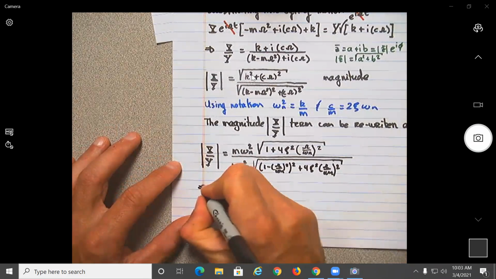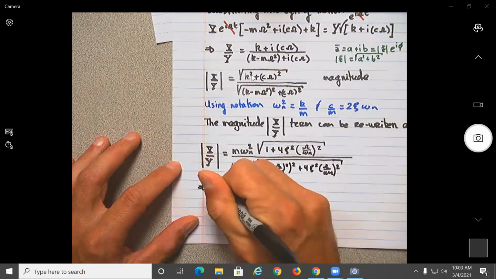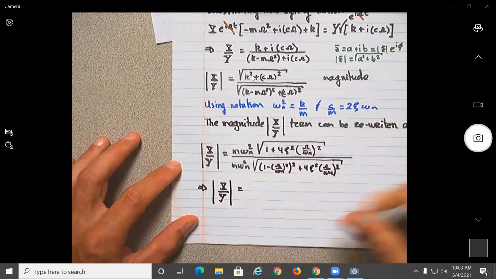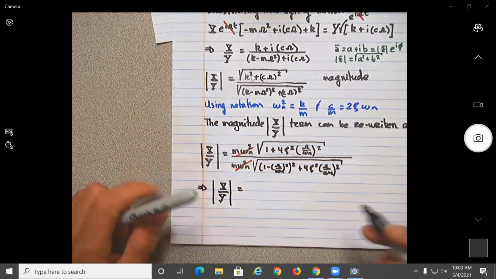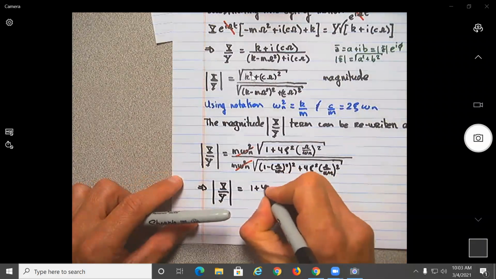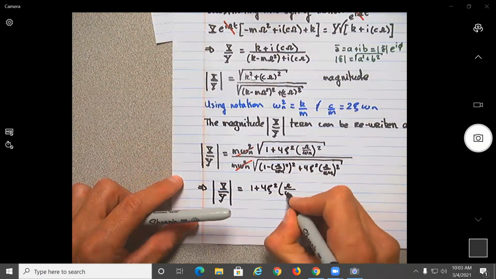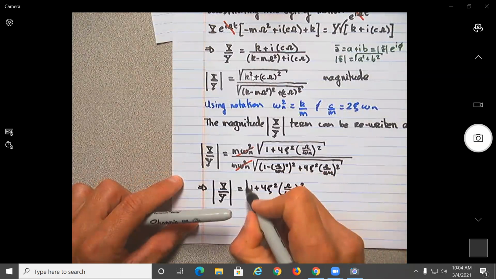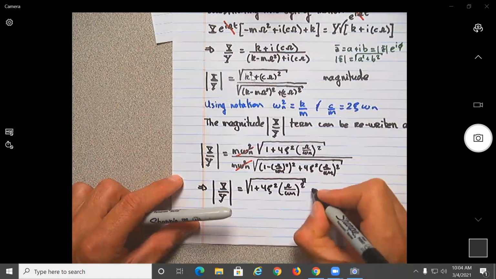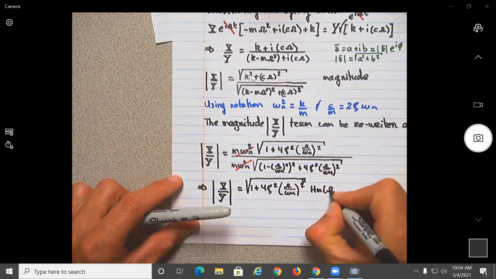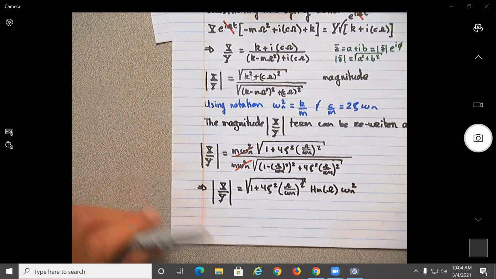All right, so finally this is going to give us that x over y is equal to this. So these terms here cancel. Of 1 plus 4 c square capital omega over small omega square, root of omega n square.